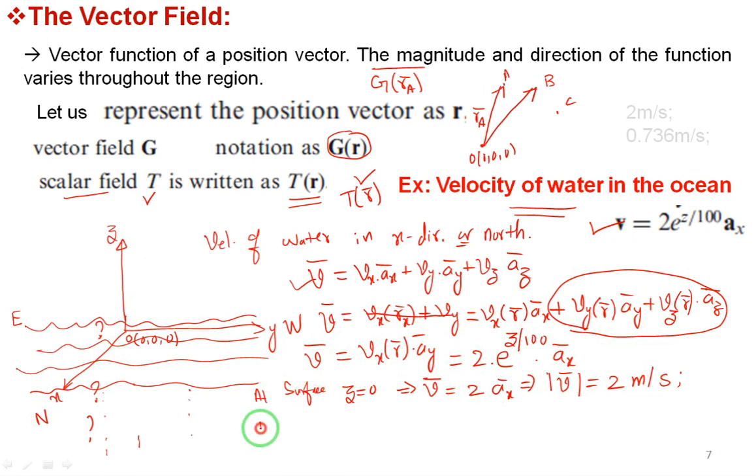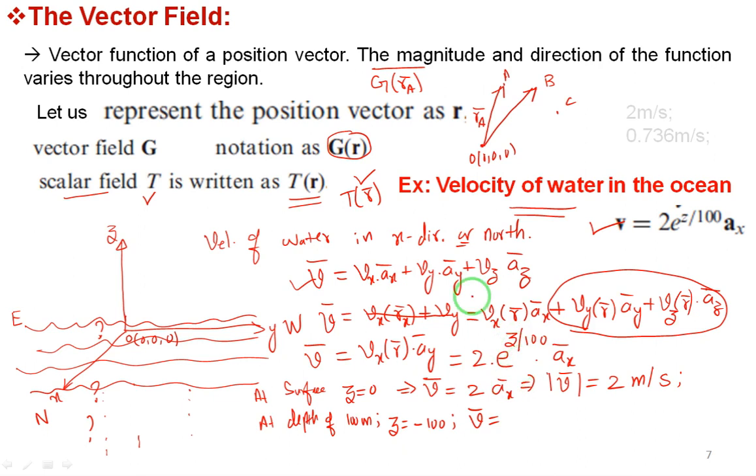Then similarly at the depth of 100 meters, the value of z is minus 100, because it is going in the negative z direction, not the positive z direction. Substitute z equal to minus 100 here: e to the power of minus 100 by 100, e to the power of minus 1.